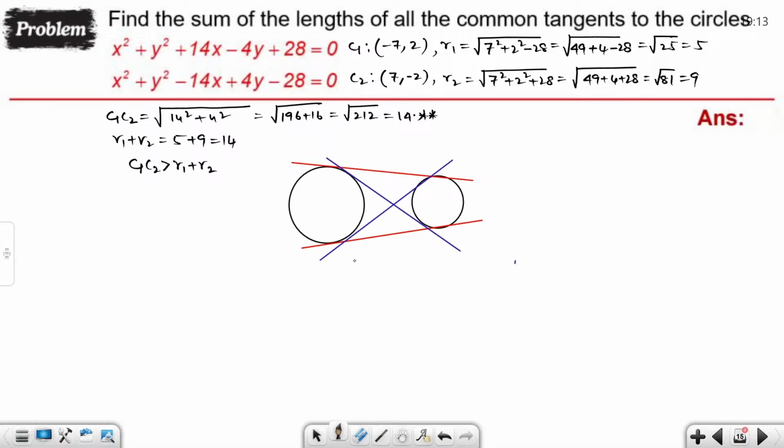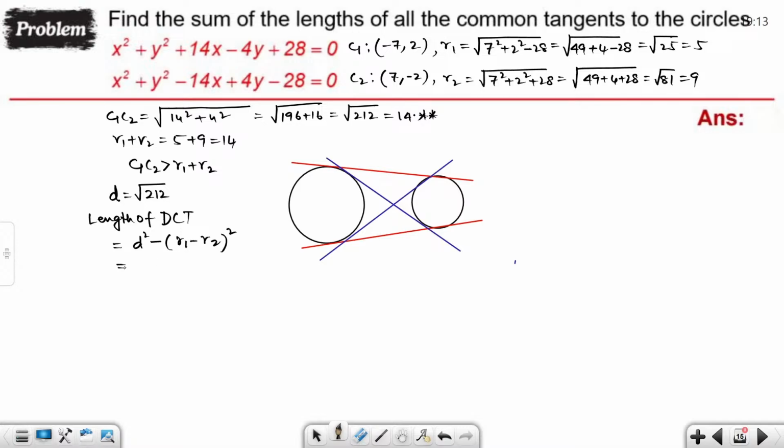So now we have to find out its length. The distance between the centers, which in our theory part we have denoted by D. So here D is basically root over of 212. Therefore, the length of direct common tangent is equal to root of D square minus R1 minus R2 whole square. That's exactly what we have learned.